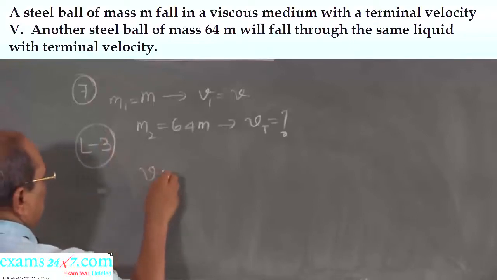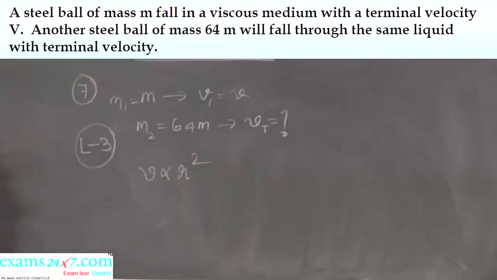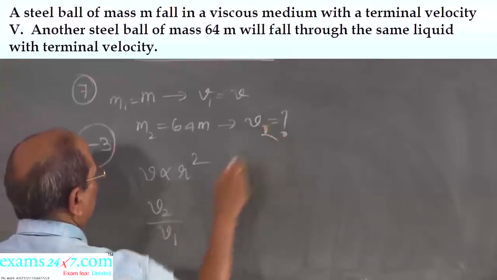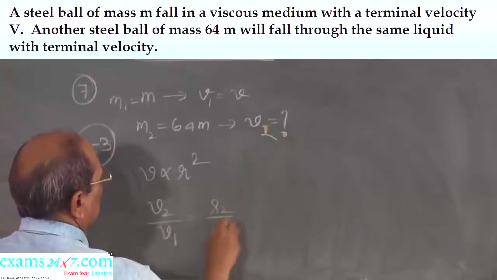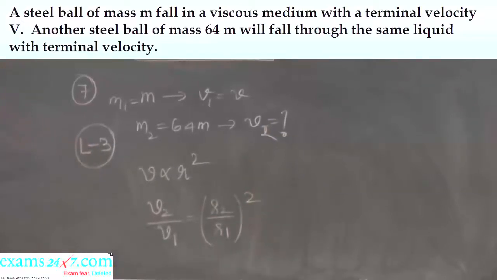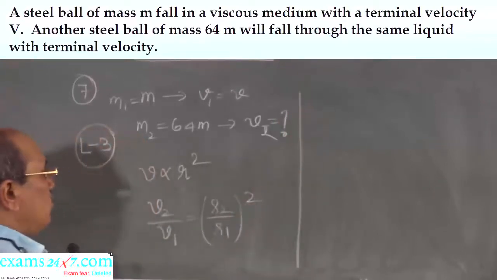Terminal velocity is proportional to r square. We have a relation 2r square g upon 9 eta into g, rho s minus rho l. When we write this, v2 by v1, v2 is required. Directly we can say r2 by r1 whole square. But the problem is that r is not available. Here the mass is given, so I have to bring r in terms of mass.